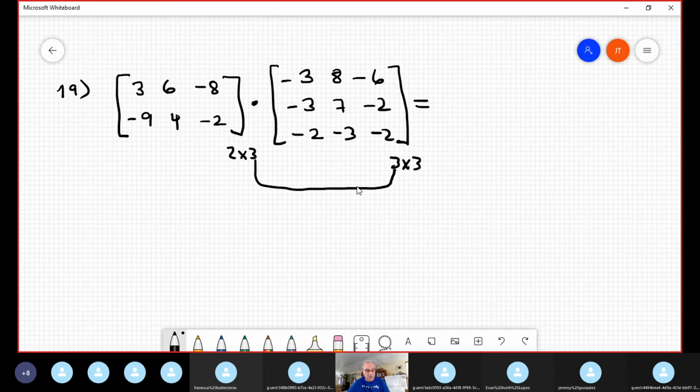The possibility to perform the multiplication is that the number of columns in the first matches perfectly with the number of rows in the second. And the new matrix that we expect has dimension 2 by 3.